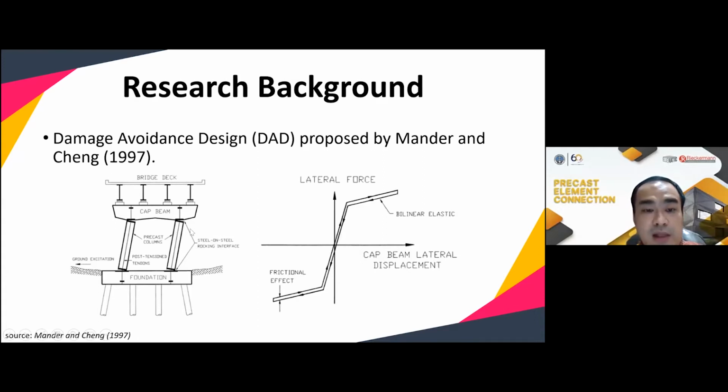So they put steel armor at the top and the bottom of the columns. Here they did the experiment on a precast concrete column with post-tension tendons, and they expect that this rocking system will behave like this on the right-hand side.